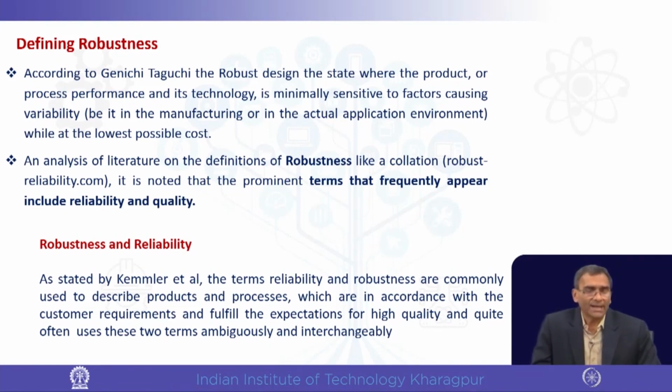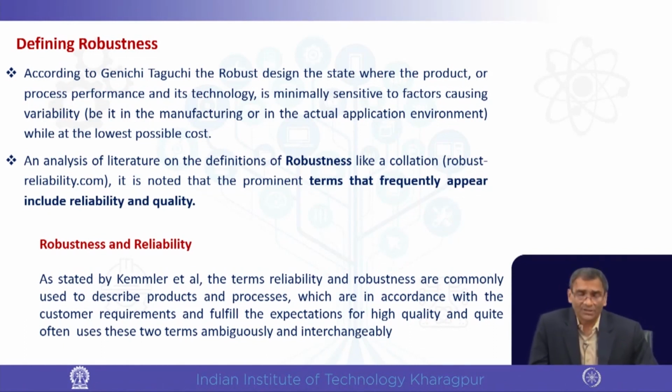So, here an analysis of literature on definition robustness, like a collation, you can see that collation, that robustreliability.com has noted that the prominent terms that frequently appear include reliability and quality, which is very normal, and we will deal exactly like this.